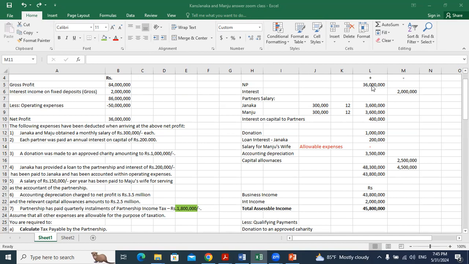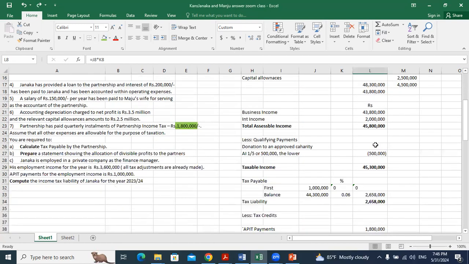Right now it has been deducted, therefore we add it back. The salary has already been deducted from the net profit, so there is no double counting. Since it has been deducted, we add it back.